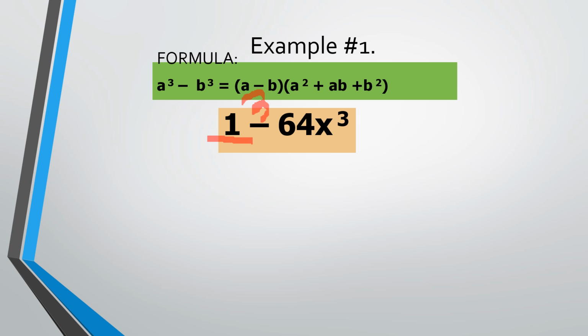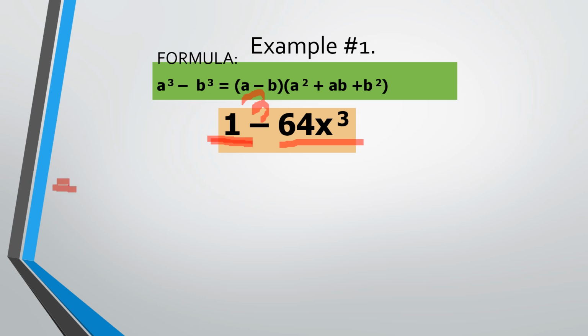But we know that 1 multiplied by 1 multiplied by 1 is 1. Therefore, this first term should be taken care of. Now, our second term is written to the power of 3. We have 64x cubed. Now, let's try to solve this problem.